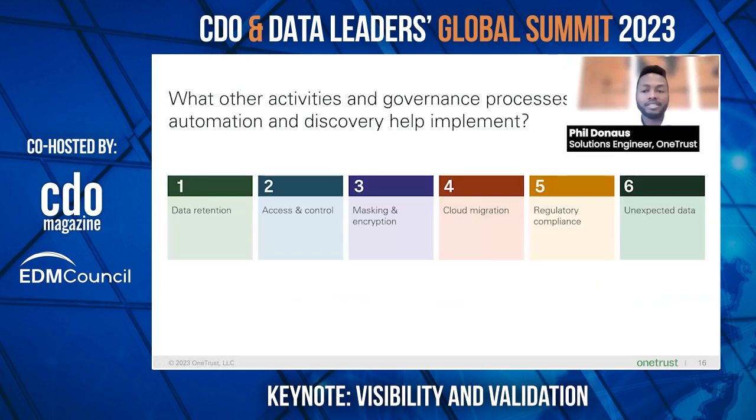Some other activities you have when it comes to governance and the processes that automations and discovery will help implement: access and control, data retention, we spoke about that. Maybe masking and encryption. Just de-risking the data may be enough to satisfy some of those regulations. Cloud migration. We can enable cloud migration through the discovery of this data.